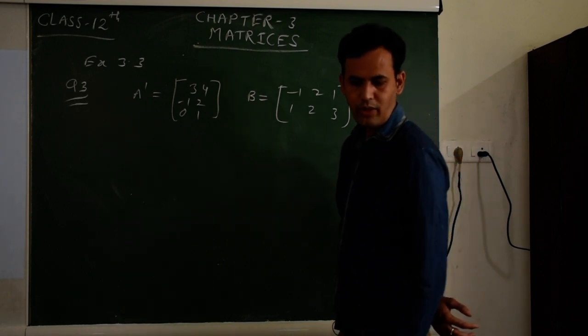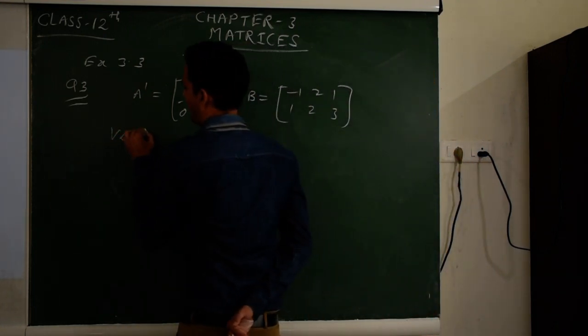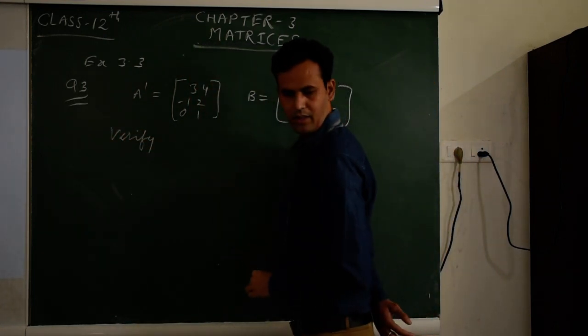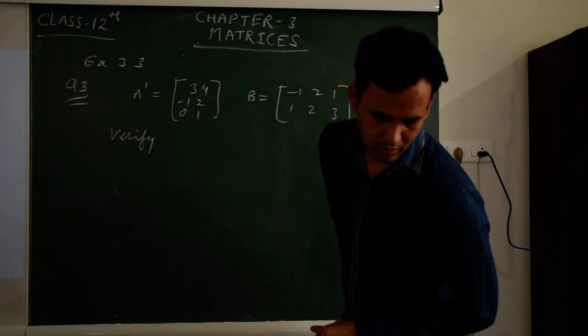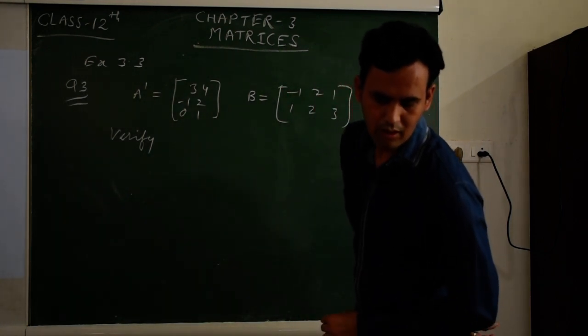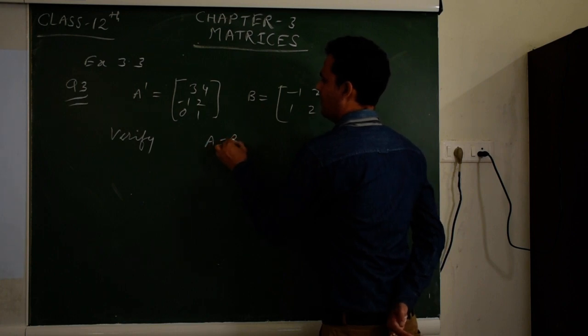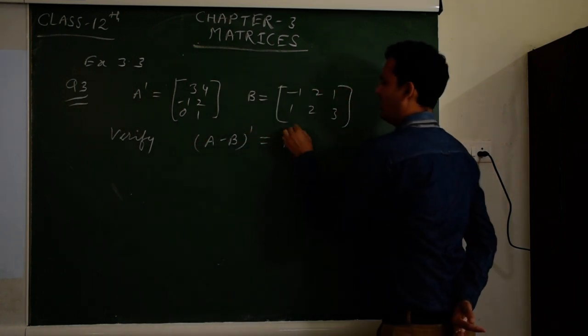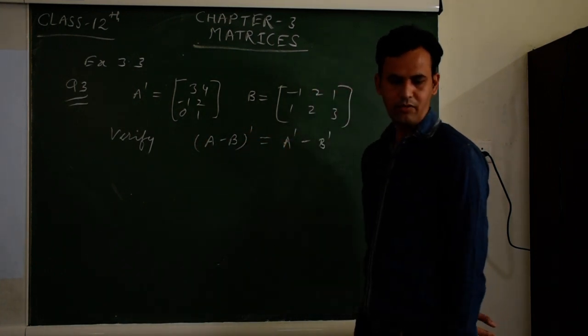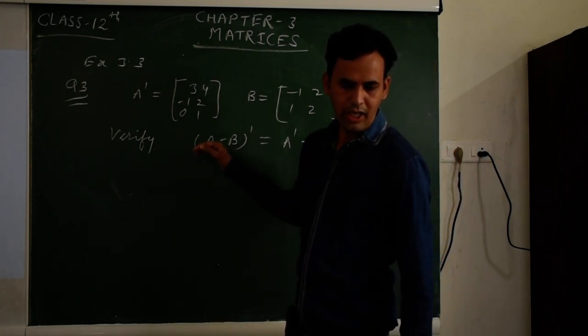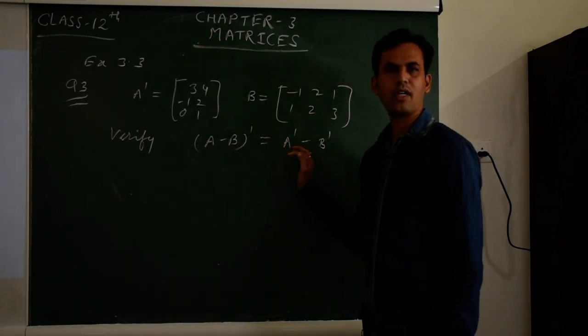So we have to verify that (A minus B) dash equals A dash minus B dash.